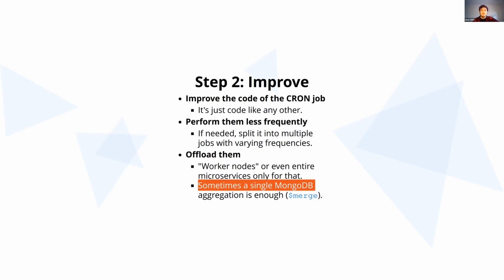The server is just executing a single database aggregation, and the database has to take care of all of it. The point here is that the database can, for example, join other collections and do all of that without sending the data back and forth between the database and the server. It can operate within the same memory area. So it's much, much faster, especially if this is a very scattered aggregation.